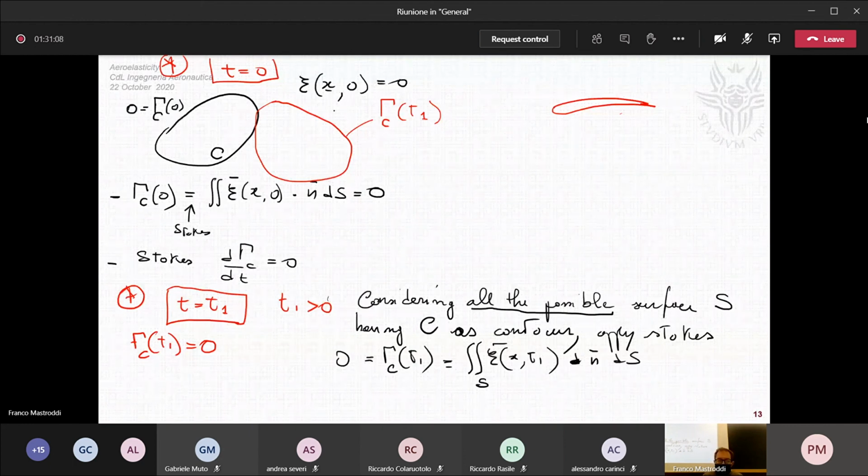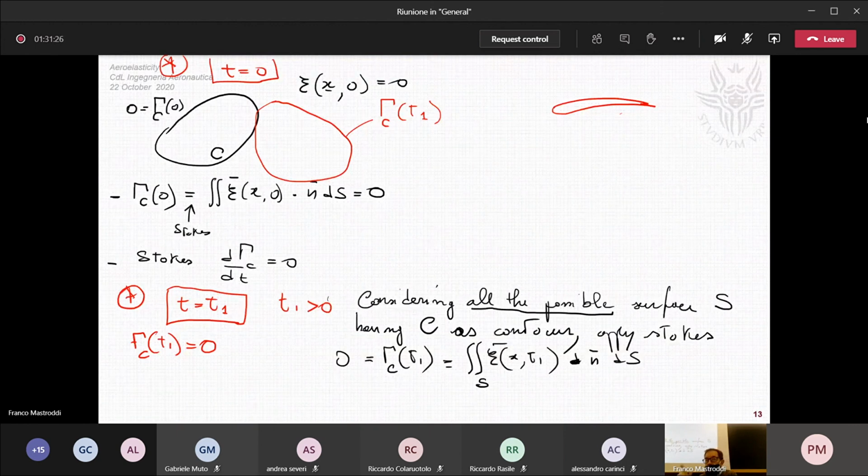So in the red position of the circuit in time T1, you have to state that for all the surfaces having this red contour, this integral has to be 0.